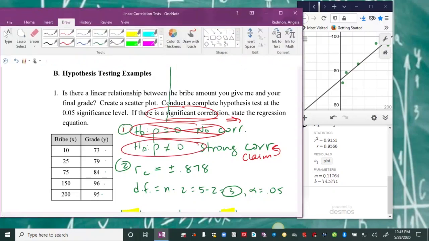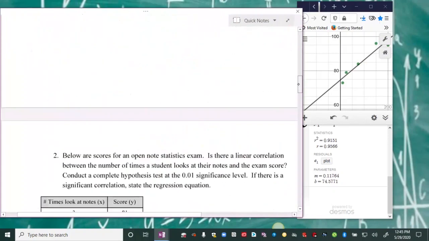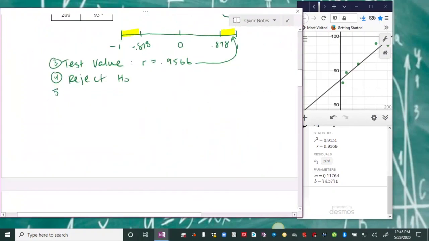So we can use both wordings in step 5. Step 4, we reject. Step 5, we did find a significant, a strong positive linear correlation between bribe and grade. We can also say that we support the claim.